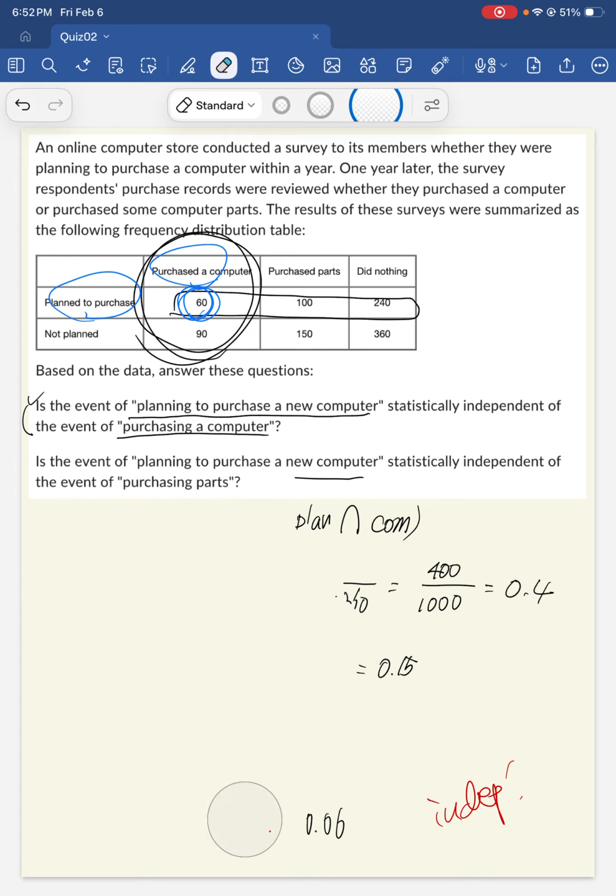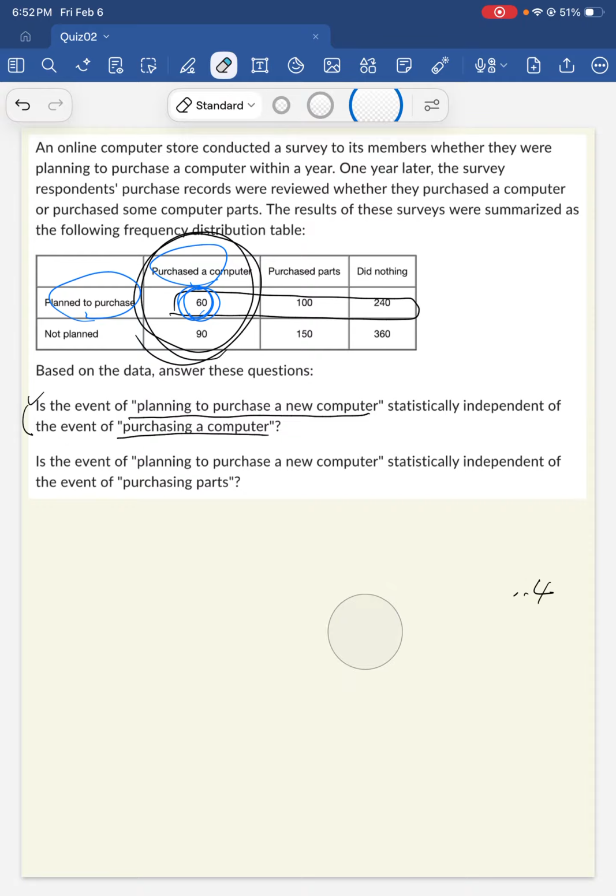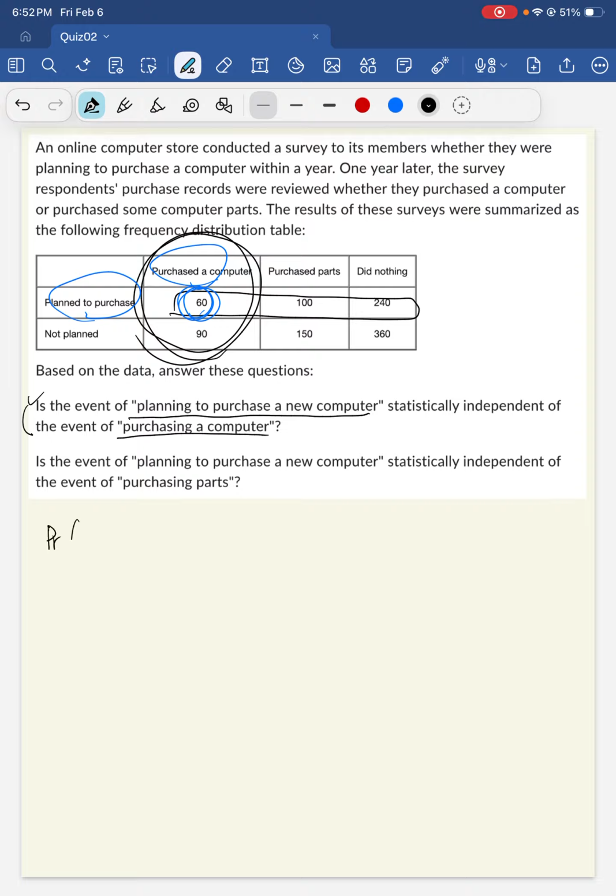Let me try another method. I am going to calculate the probability of actually purchasing a computer, and I will also calculate the probability of purchasing a computer among those who planned. And also, you may just choose any two of these.